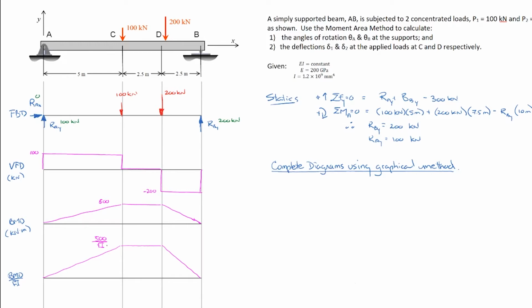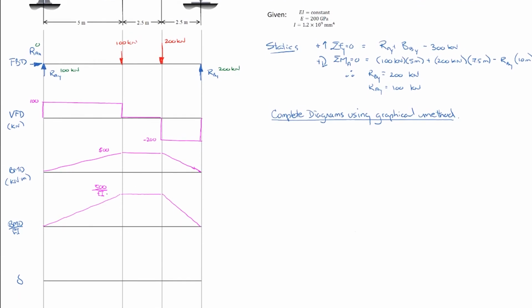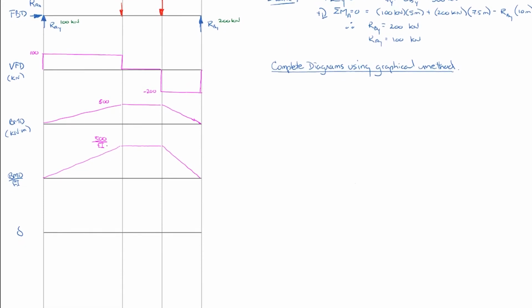So the secret to the moment area method, or where all the logic happens, is in this displacement diagram. We're going to have to get an exaggerated approximation of what the displacement is going to look like. In this case, it's simply supported and the loads are all pushing it down. And it's going to be not quite symmetric between A and B. Most of the loads are off to the right-hand side, so it's going to be slightly more displaced to the right than the left.